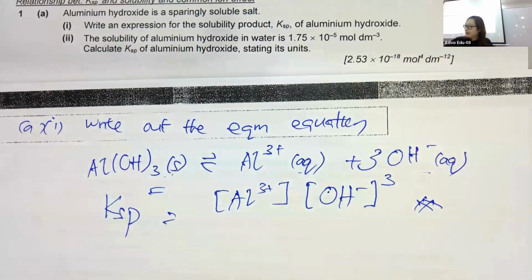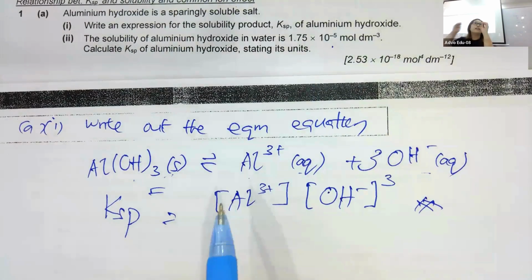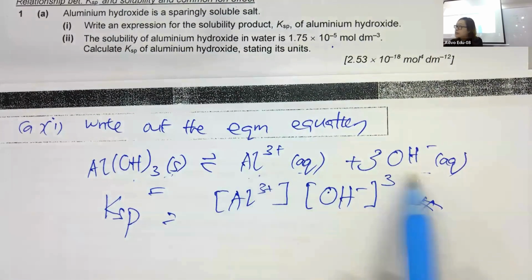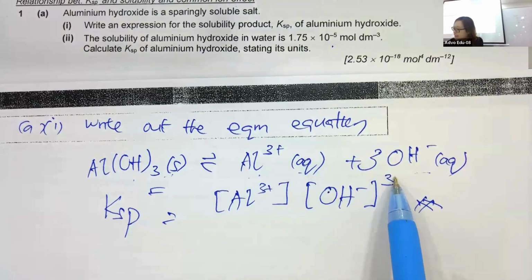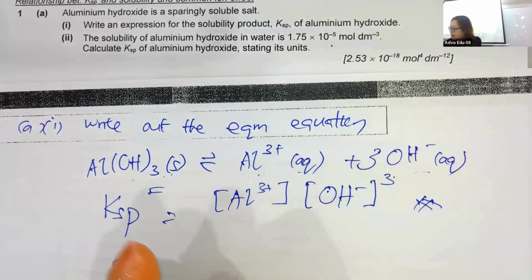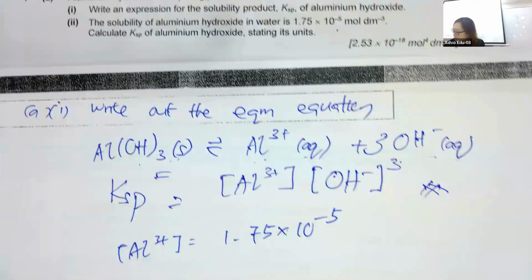So based on the ratio, we can find the concentration of the respective ions. So Al3+ is the same as 1.75 times 10 to the power minus 5. Am I right? Then we move on.